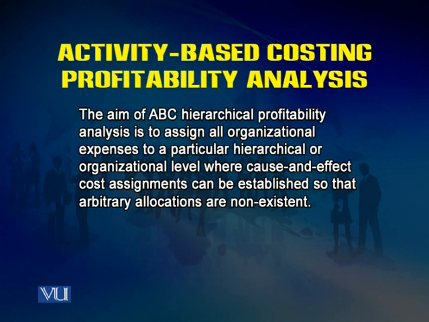The aim is to try to get to the different levels of profitability, see the profitability of different aspects, and try to look at the cost allocation on the basis of cause and effect. The idea is that the costs should be allocated on the most accurate basis. And that is how you will get the most accurate profitability.